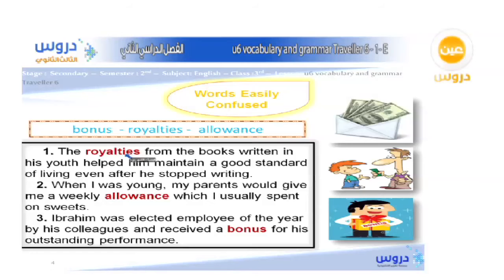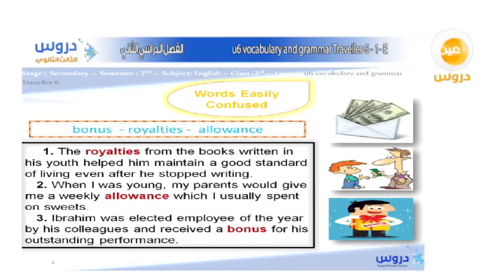What is the meaning of royalties here? Someone wrote a book and after, let's say, 10 or 15 years, he stopped writing, but he still gets a benefit of royalties from writing that book.